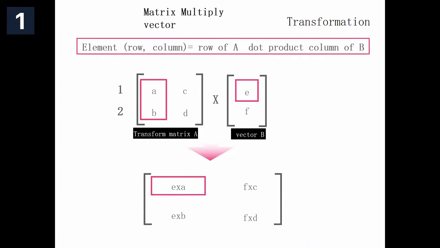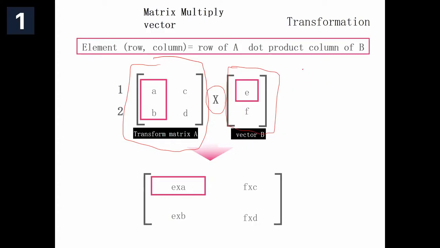Another thing I must introduce. Suppose this is a matrix, and this is a vector. A vector is the coordinate of one point in this example.